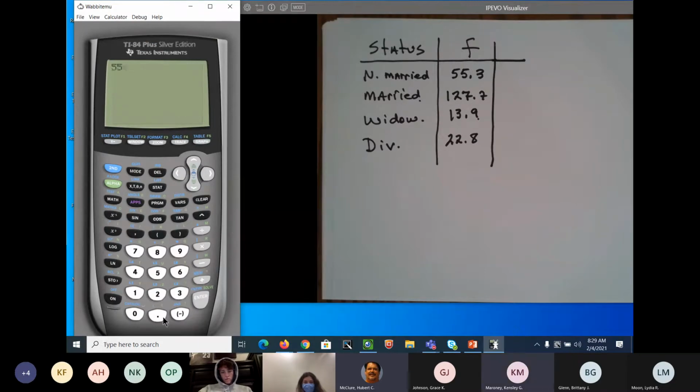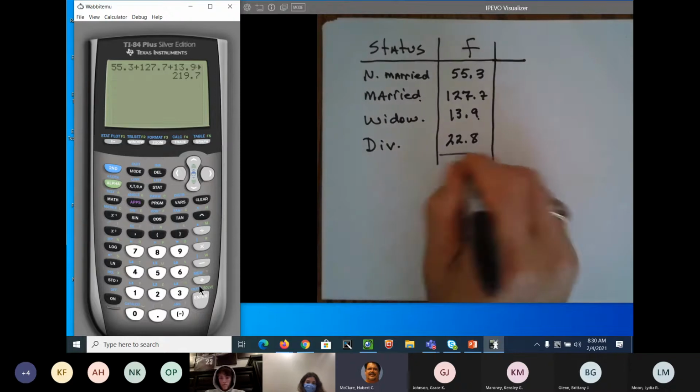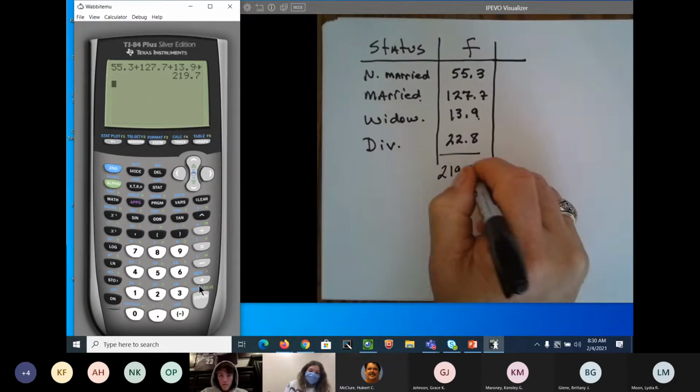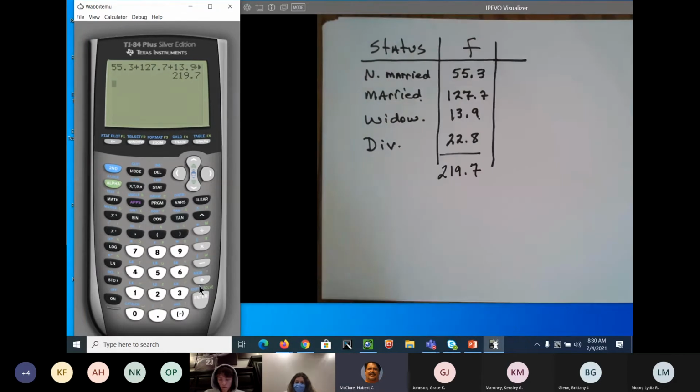It's hard to do this with a mouse, so if you would go ahead and check me, 127.7 plus 13.9 plus 22.8. 219.7 is your total. Somebody check me, please. I need somebody to verify that that's correct.